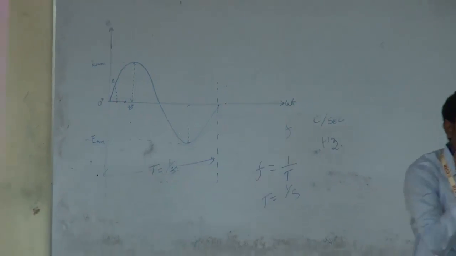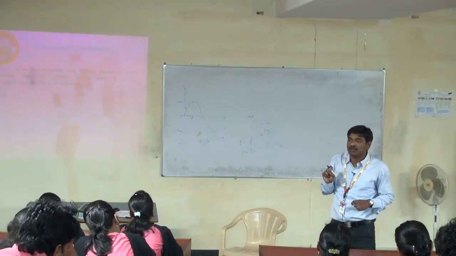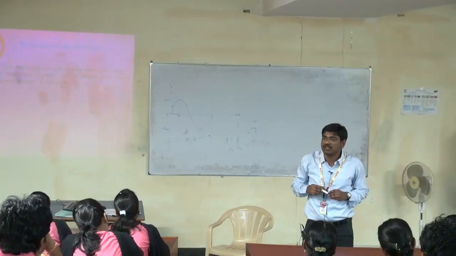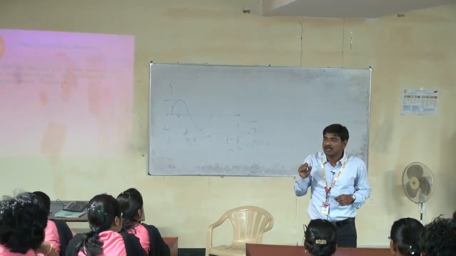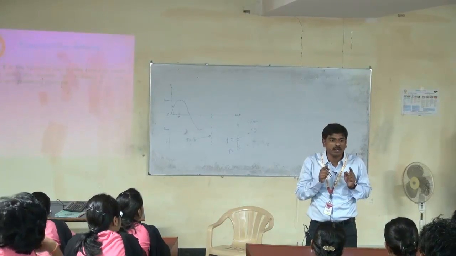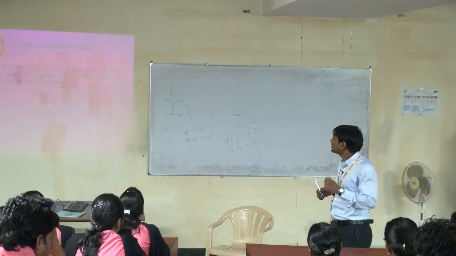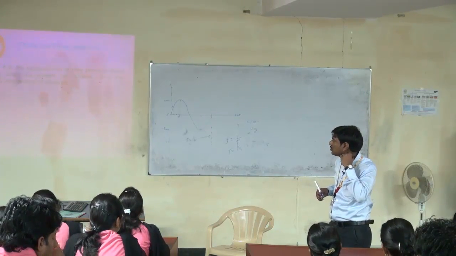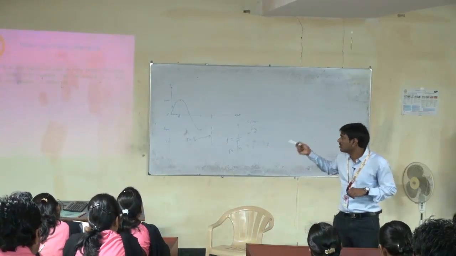So that 90 degrees is the phase. You will get the maximum value of the alternating quantity at the phase of 90 degrees, and the negative maximum at the phase of 270 degrees. So phase is nothing but the fractional part of time period or cycle through which the quantity has advanced from the selected zero position or reference.